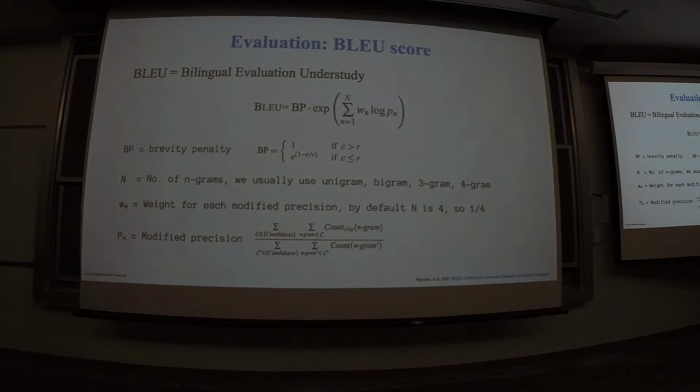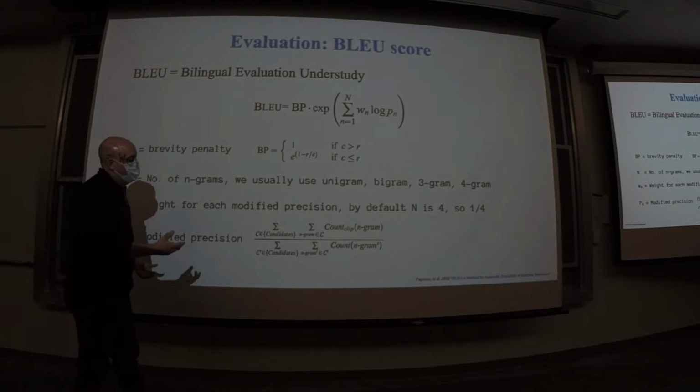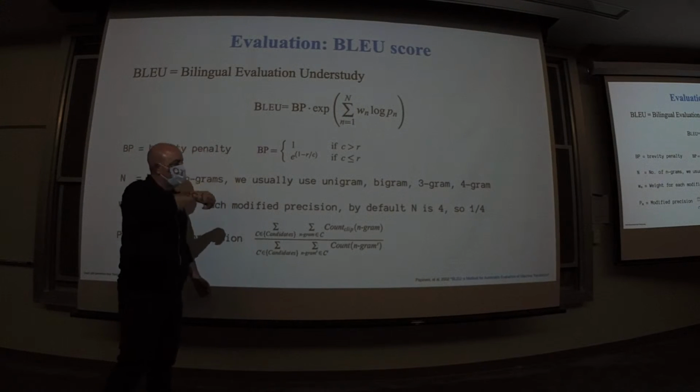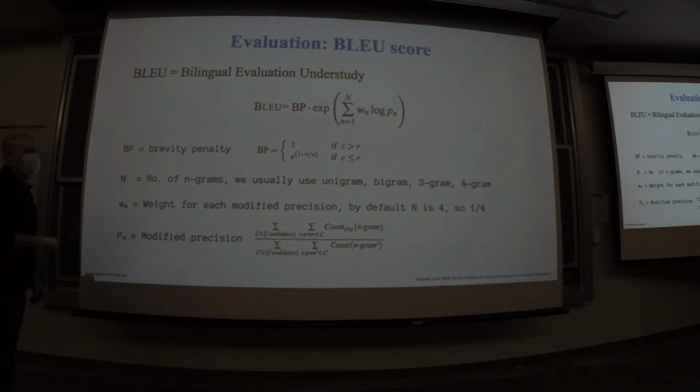And because there's a somewhat stochastic nature here, I can actually produce a number of translations. If I don't take the most likely one, but sample from that, I can get multiple translations.